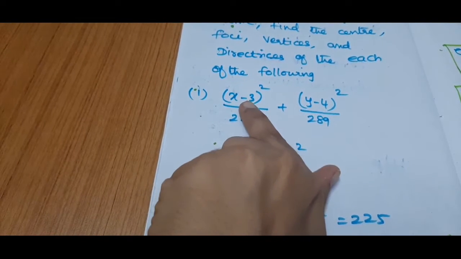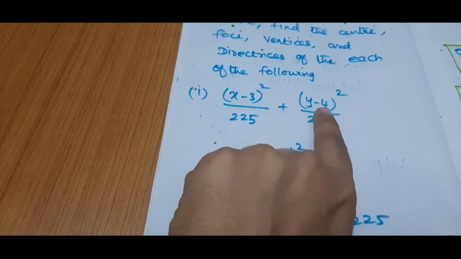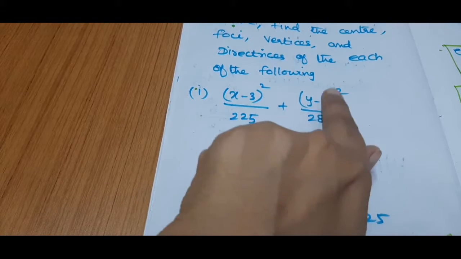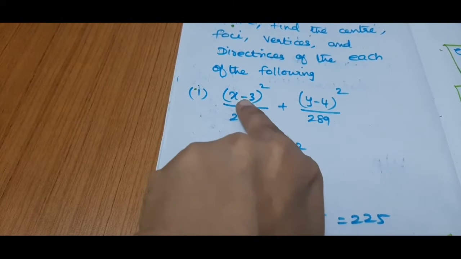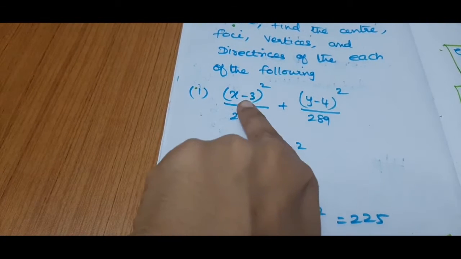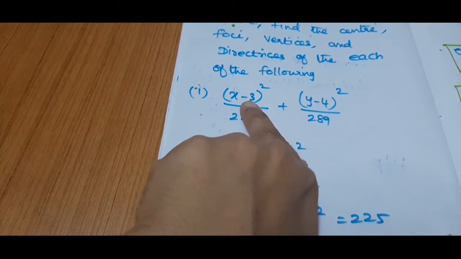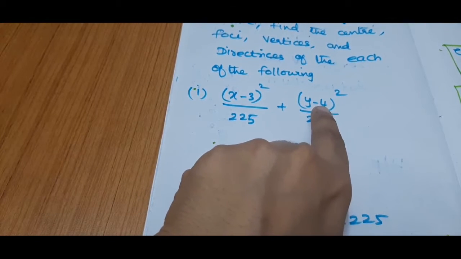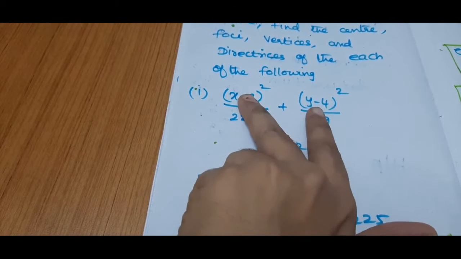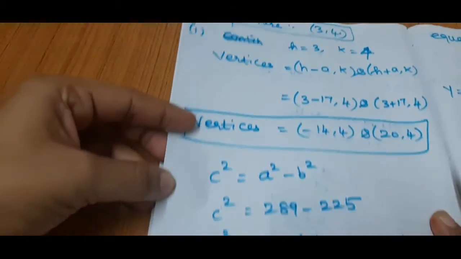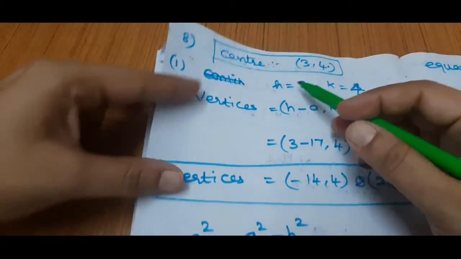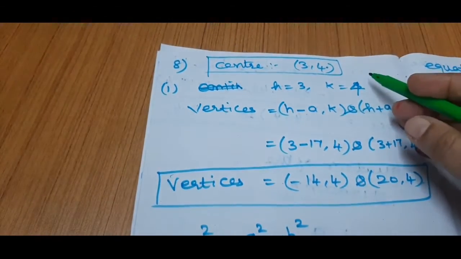In the place of h you have 3, in the place of k you have 4. So the opposite sign of the x coordinate is 3 and the opposite sign of the y coordinate is 4. So 3, 4 will be the center, h, k. So h is equal to 3 and k is equal to 4.